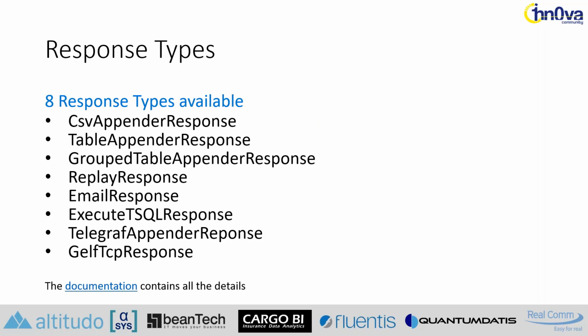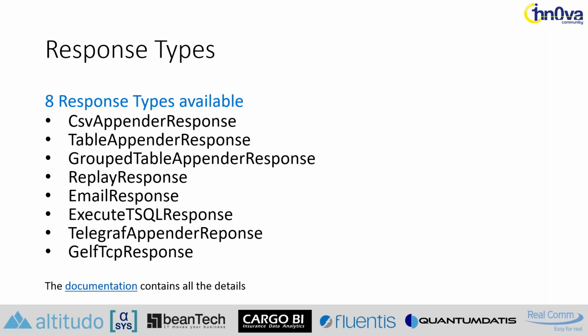The first one is a CSV append response. As the name suggests, it is capable of receiving events from the stream and writing them to a CSV file on disk. And then we have the table appended response. This is the main reason why I created XESmartTarget, because I wanted to write extended events data to a database table, and there was no way to do that using the built-in targets.